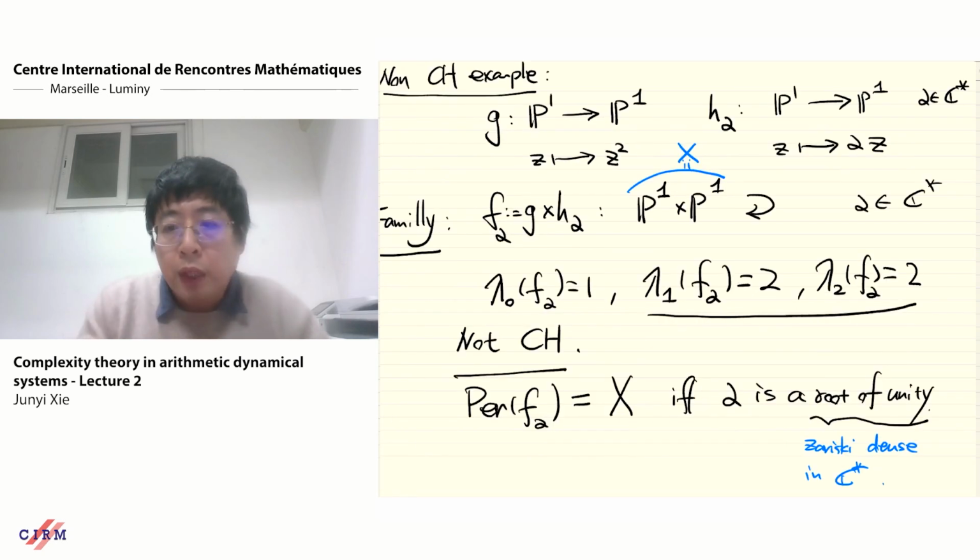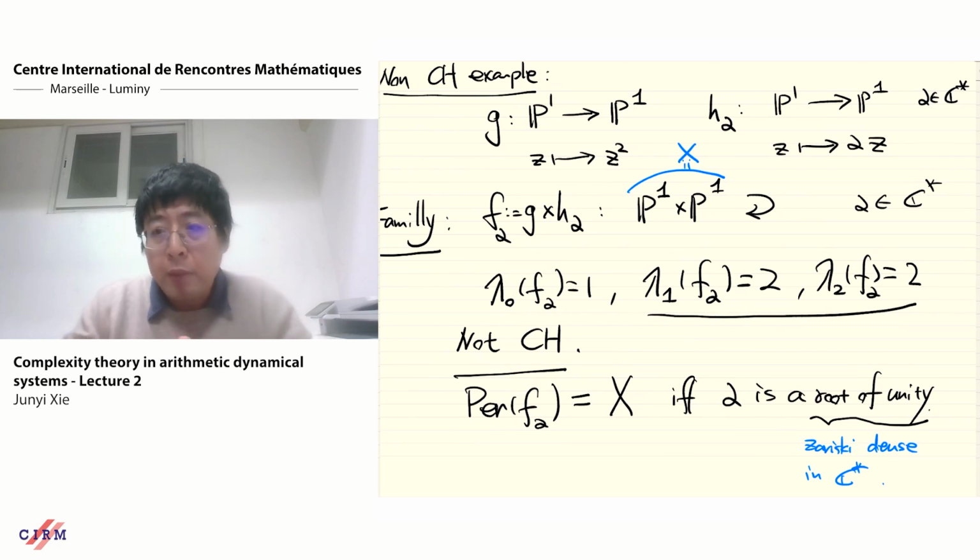So now I want to give a non-cohomologically hyperbolic example. The example is very simple. You take two maps. The first map is G from P1 to P1, and it maps z to z squared. So it's a square map. And the second map is H_alpha.